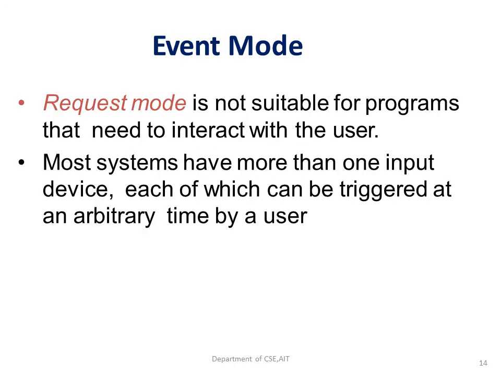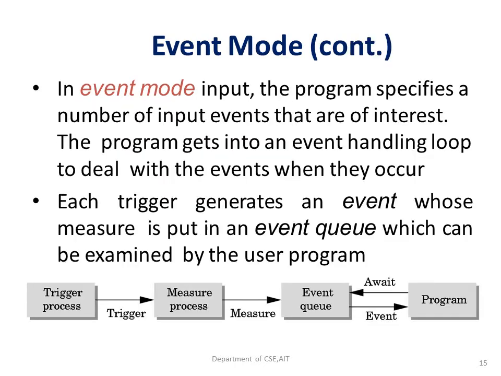The request mode is not suitable for programs that interact with the user, because many systems have more than one input device connected to them, collecting input for the program. So we will go for the event mode. The event mode can handle multiple interactions.